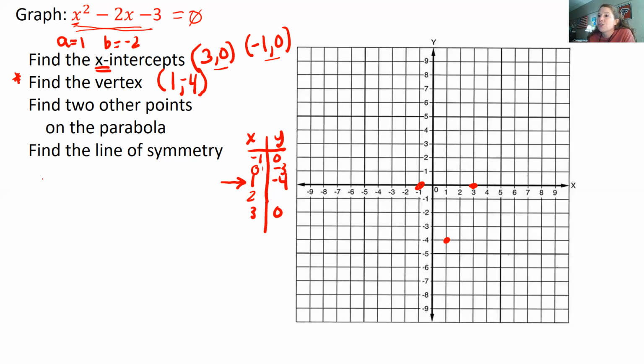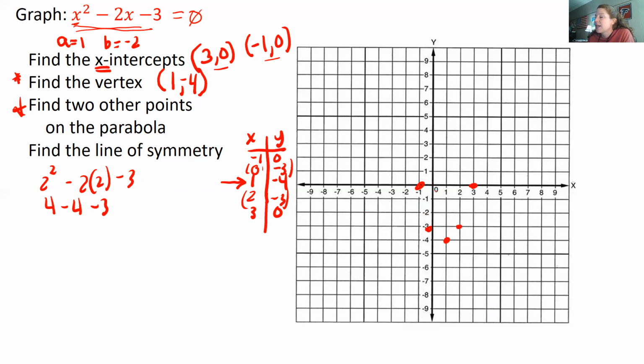And then if we plug in 2, 2 squared, minus 2 times 2, minus 3. 2 squared is 4 minus 4, which is 0. 0 minus 3 is -3. So 2 other points besides the vertex and the x-intercepts are 0, -3, and 2, -3.